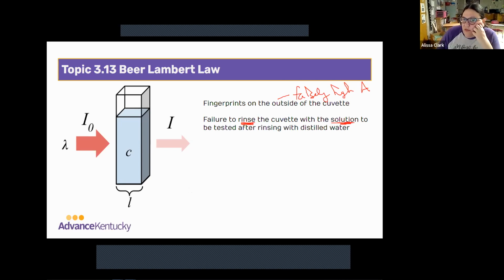Because if you don't do that, you're going to leave little droplets of distilled water in your cuvette or your burette. And when you add your solution, it's going to be diluted by that water. And so if you don't rinse with your solution, you're going to get a falsely low absorbance and then concentration.